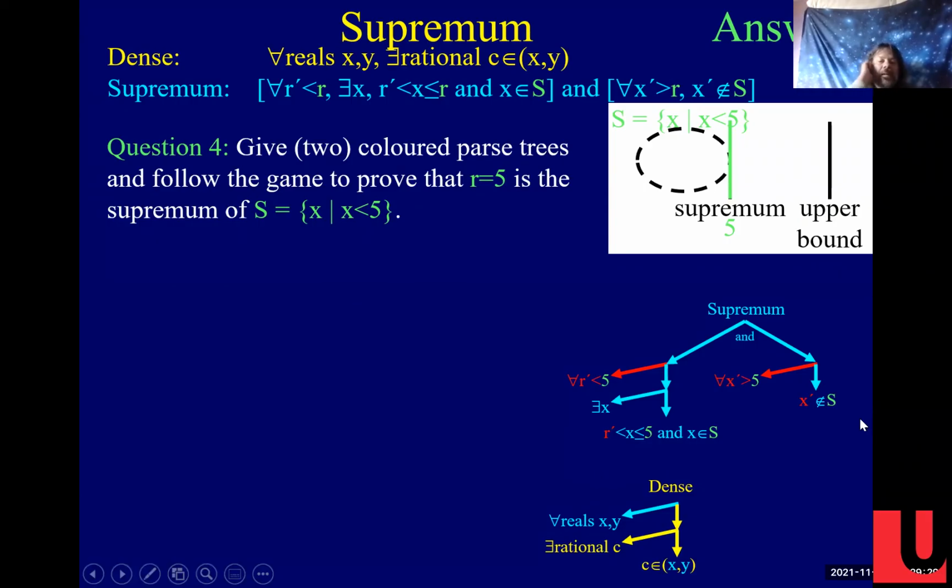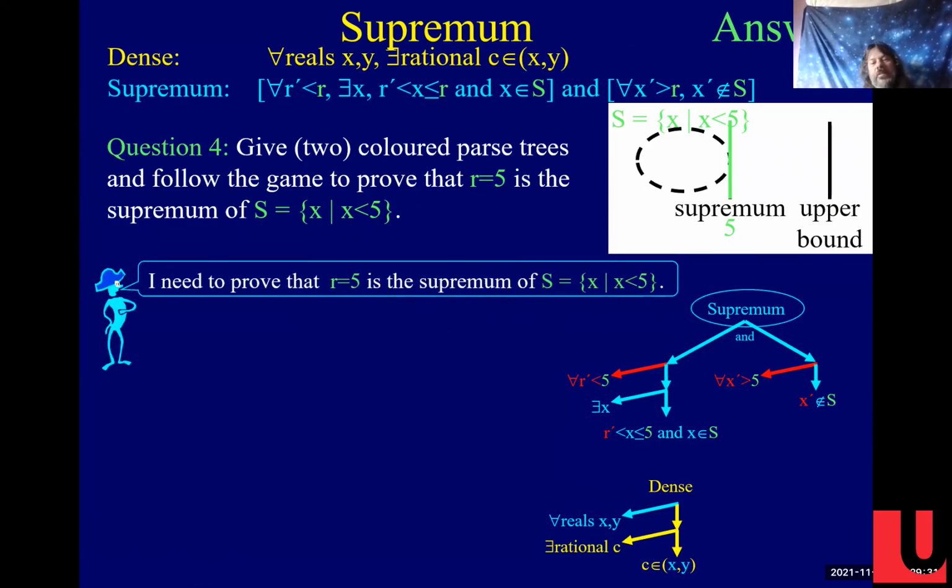So that's our 2 statements. We need to prove it's a supremum, so we have r equals 5. You see for r, I automatically plugged in 5. And S is already fixed too, so I made S green because we know what S is.